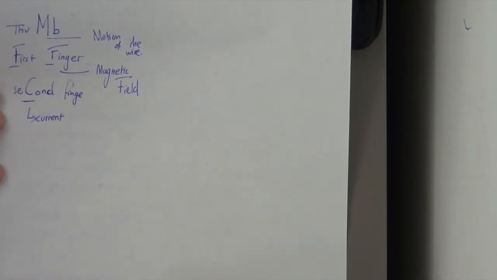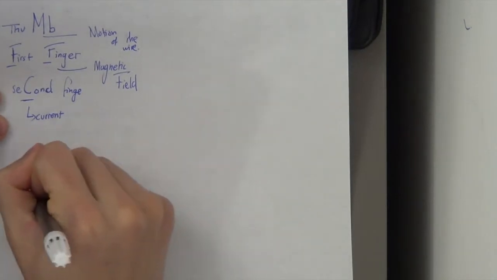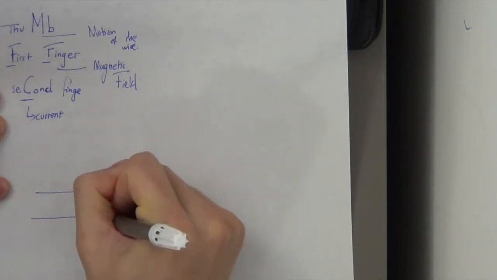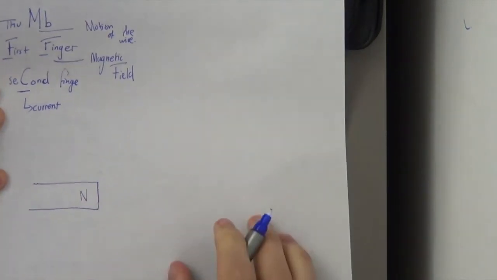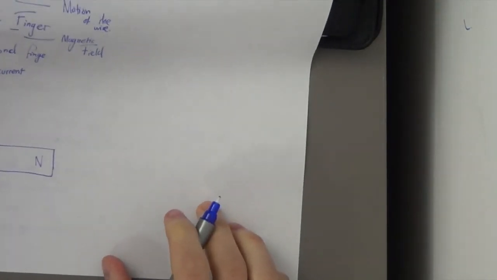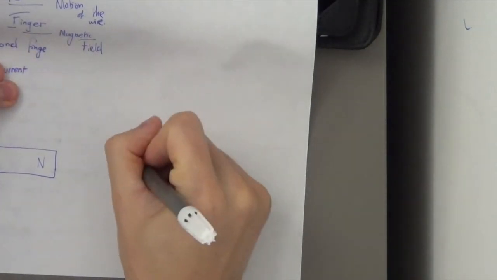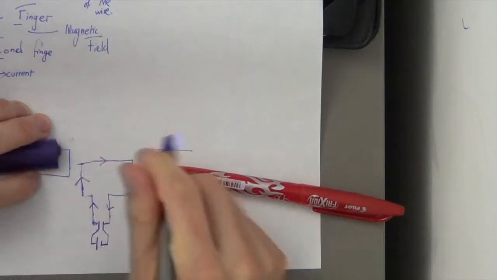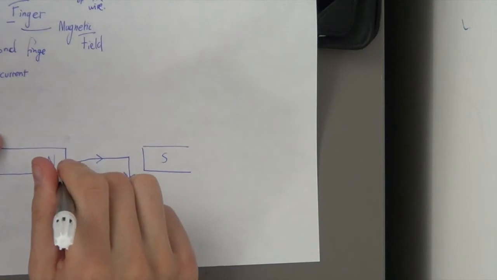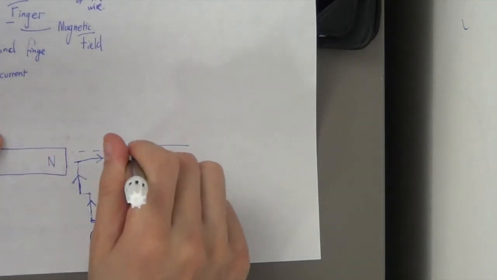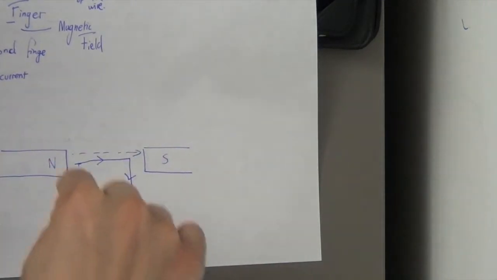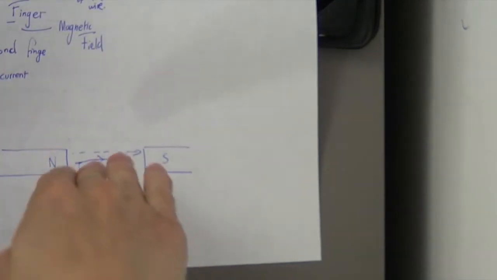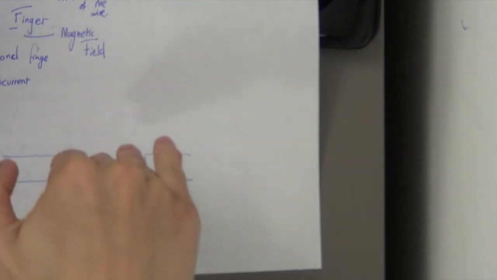That's what motors do. So, I'll draw a basic motor for you. So here's my north end, south end. If you think about it, north to south is like that. Our current is going into the piece of paper in this particular case, because remember I said we're placing our circuit in between the north and the south pole.